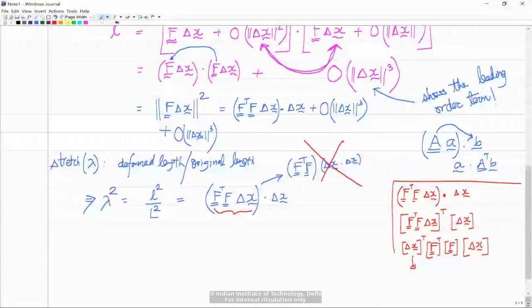Yeah, Krishna says 1 by 3. That's true. Delta x is 3 by 1, the matrix form, it's a column. Delta x transpose is a row, so it's 1 by 3. The second one is 3 by 3. This is 3 by 1.